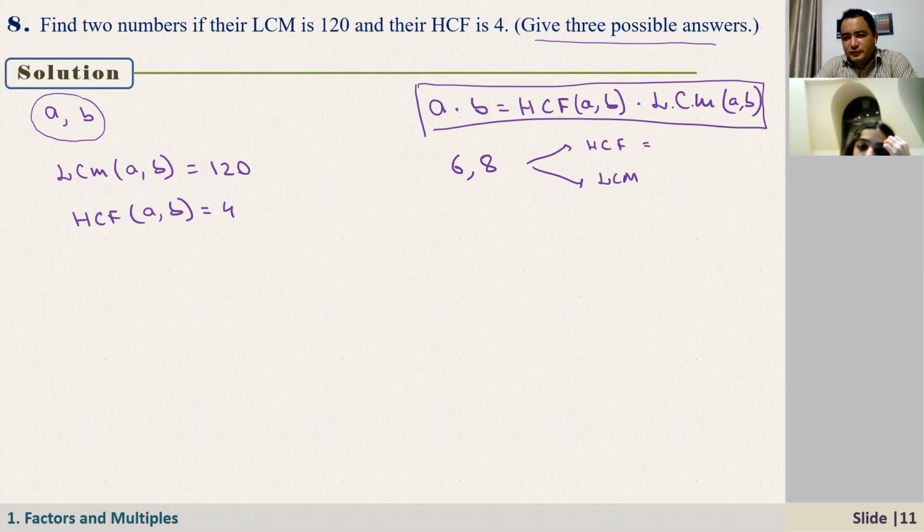It is 2. Right? The biggest number that divides both of these numbers, 6 and 8. What number is it? It is 2. Do we have any bigger number than 2? No. So 2 divides 6, 6 over 2 equals 3. 8 over 2 is equal to 4.